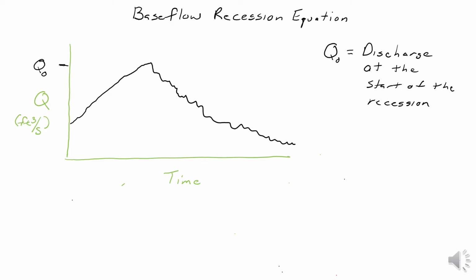And then, let's see, what's the best way to do this? And that Q naught occurs at a certain time, which is the start of the recession.